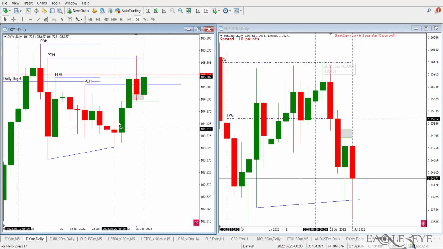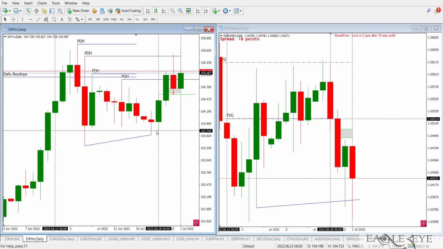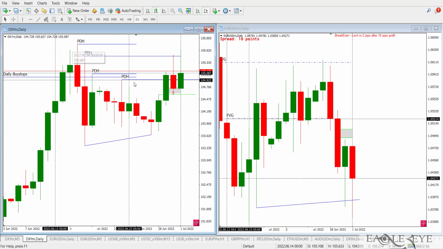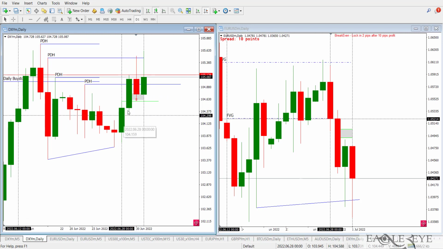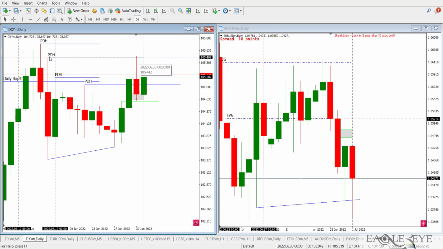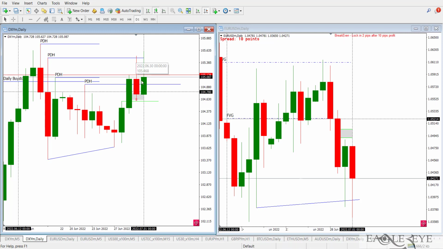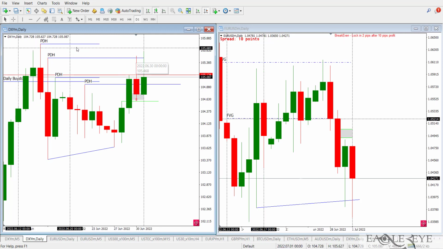I was expecting the dollar to reach into this particular high, and on Tuesday we had that bull run, and then a little retracement after taking out this particular high. On Thursday we had a retracement. On Friday, I think price was pushed much closer to the high I was expecting.